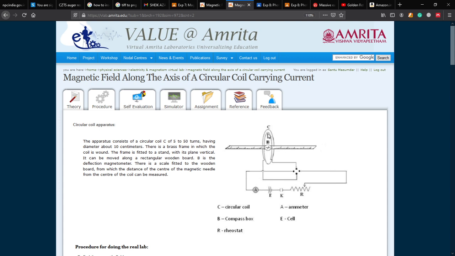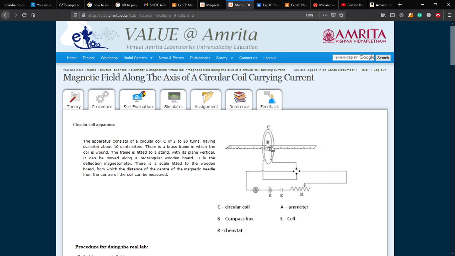You can see this is the circular current carrying conductor in the coil. The plane of the coil is along the z direction, and the plane of the scale is along the x direction.